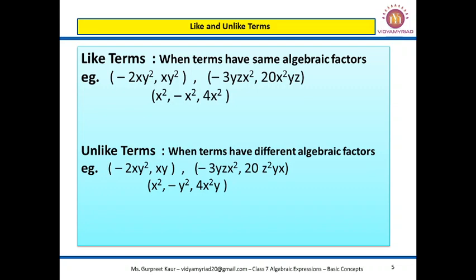Now in the first case, z has 1 power, but in the second case, z has 2 power. x has 2 power in the first case, x has 1 power in the next case. So these cannot be same. They are unlike terms. So like this, we need to check the powers. We need to check whether all the variables are same or not to understand whether they are like terms or unlike terms.